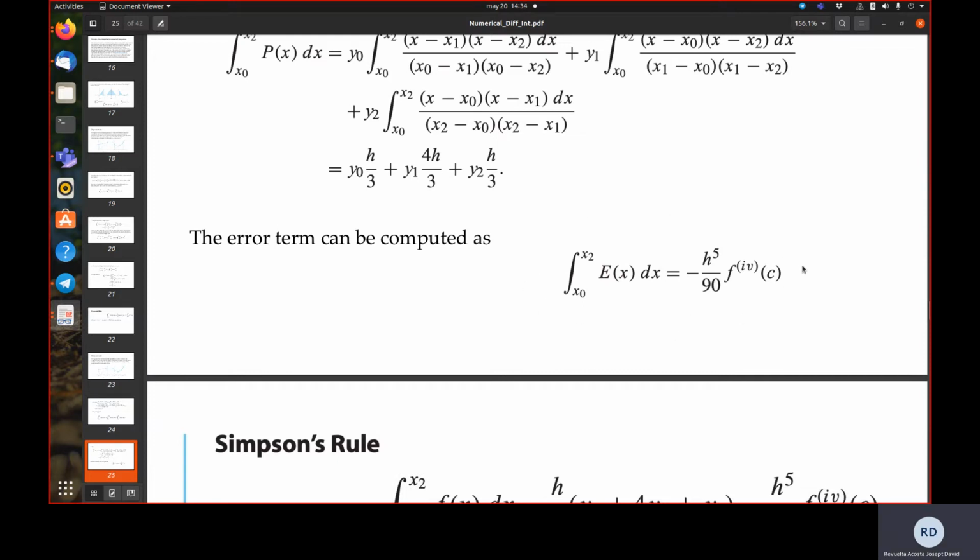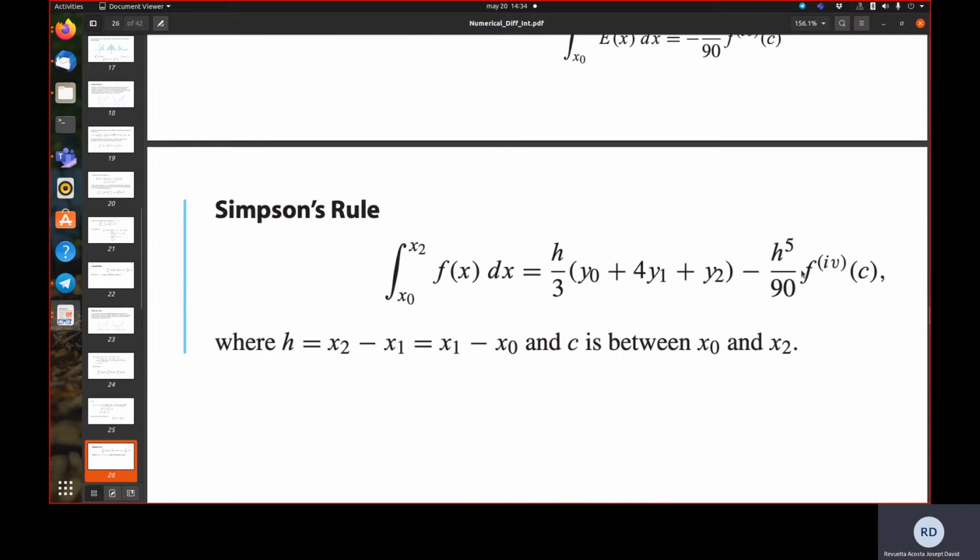Okay, so in general, we define Simpson's rule as this expression: the integration of the function from x0 to x2 is equal to h divided by 3 times the polynomial, in this case y0 plus 4y1 plus y2, minus the respective error term.